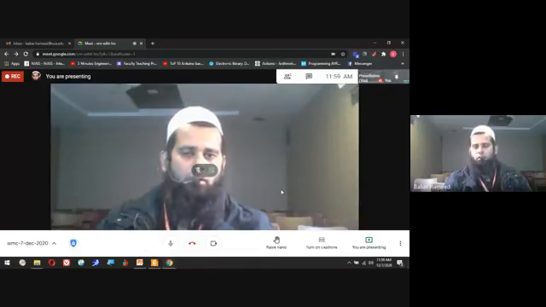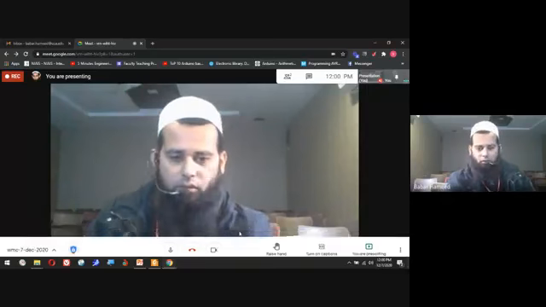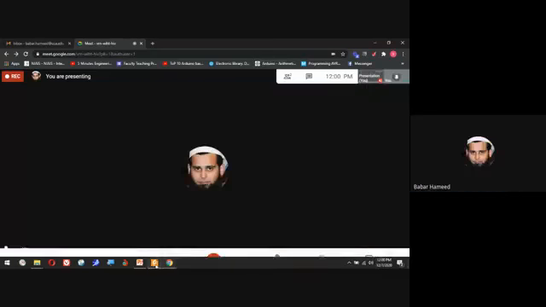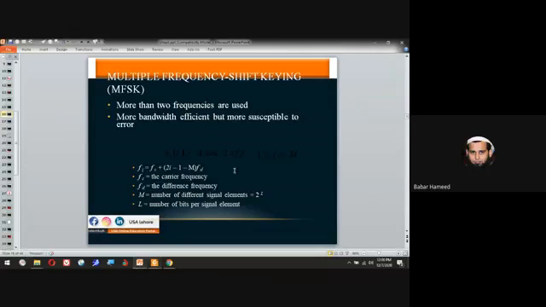We were discussing frequency shift keying, in which we covered binary frequency shift keying, BFSK, and we were about to start multi-frequency shift keying. Let's start. You can see these slides. Here you can see the equation and main points of multi-frequency shift keying.